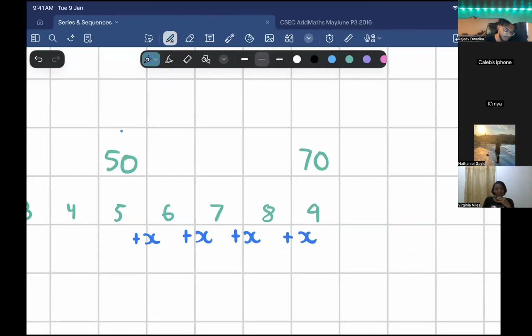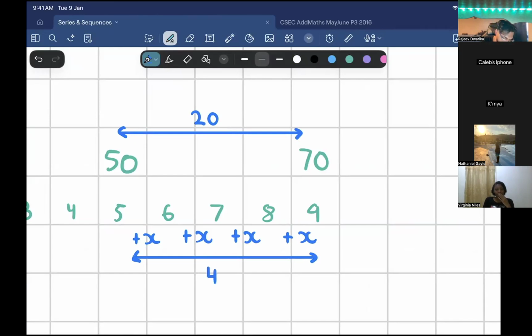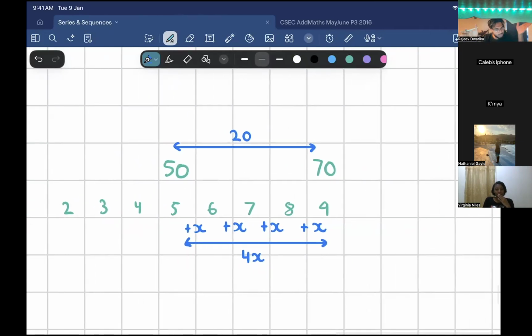What's the difference between 50 and 70? 20. And how much did we add going from 50 to 70? 4X. So the difference between 50 and 70 is 20, which could be expressed as 4X. So we know that 4X has to be equal to what?